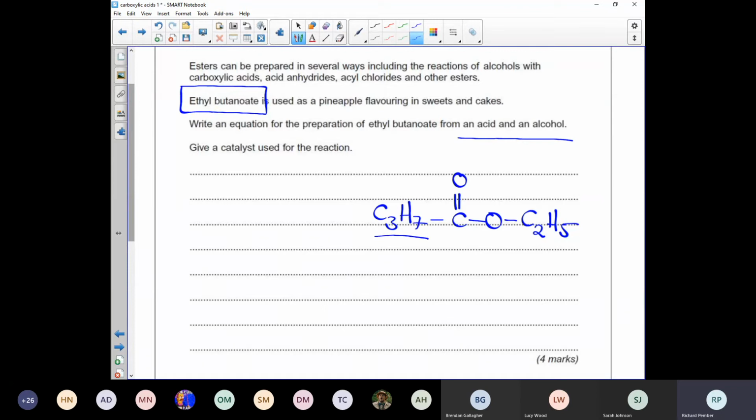So this could be branched, and you'll often see those penalised. So I'm just going to give the structure, which just means it takes a little bit longer. So CH3, CH2, CH2. So there's my ethyl butanoate, and I want to make it from an acid and an alcohol.